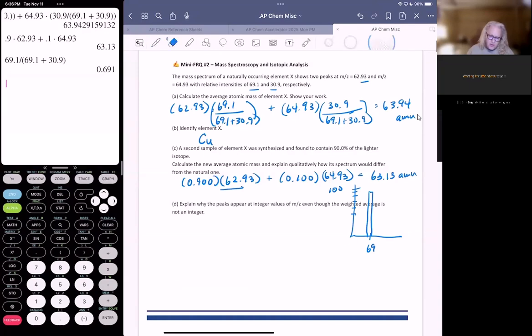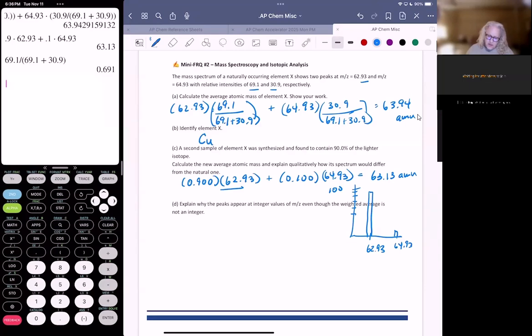Sorry, I put down the wrong number. The 63 peak, or 62.93, would be all the way up to 90, and the 65 peak, or 64.93, would only be at 10, which is probably about like that.